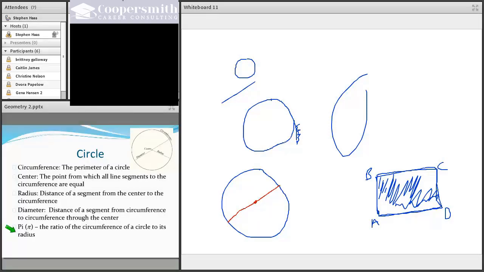So, we didn't really get started on formulas yet, but the circumference of a circle is pi times the diameter of the circle, or 2 pi r, 2 pi times the radius of the circle. And the reason is they're the same thing. Think about it. The diameter is twice as much as the radius. So saying pi times the diameter and 2 pi times the radius is the exact same thing.